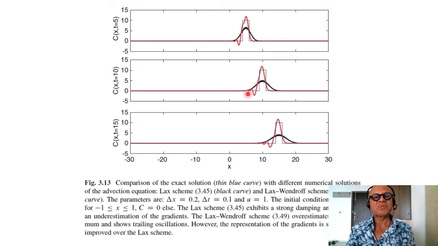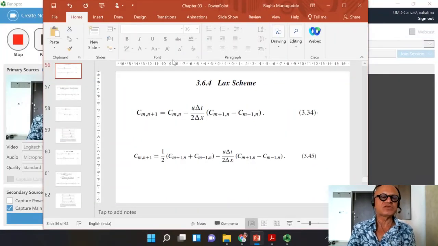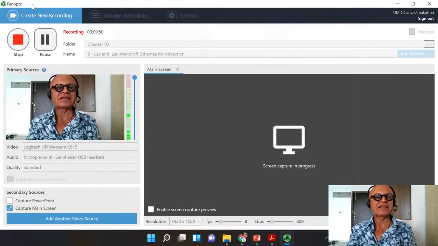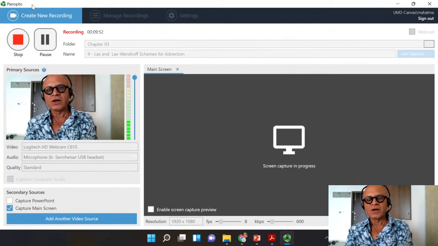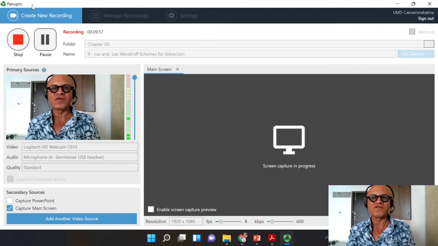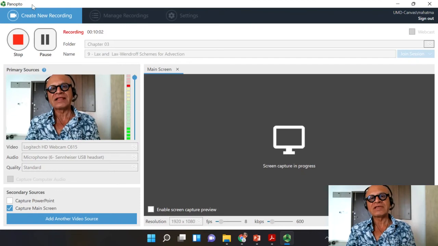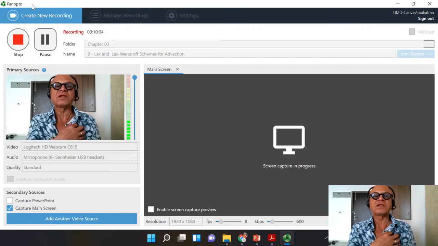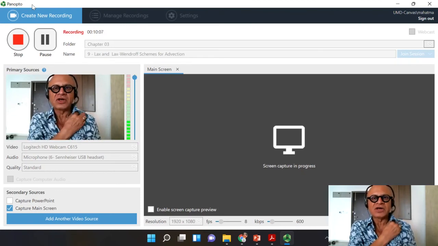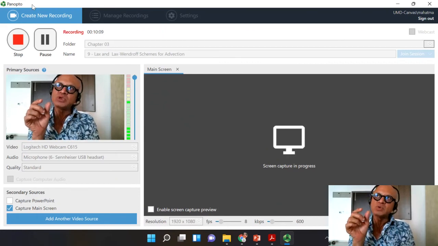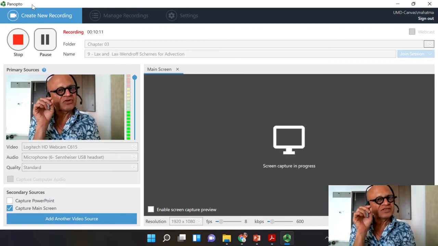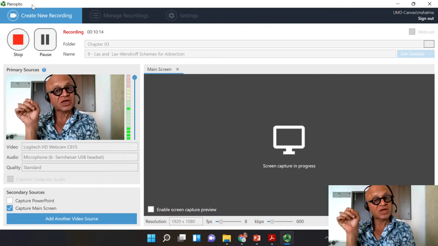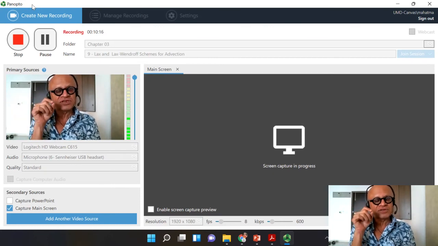So not completely home free in terms of the choices of Δx and Δt, because you cannot choose them independently. They are related to each other in reality. So nonetheless, in Lax and Lax Wendroff, the diffusion that is added numerically depends on Δx and Δt, so one has to still be careful about that in optimizing the spatial resolution and time step for integration, to optimize computational time and the numerical accuracy that you are seeking.